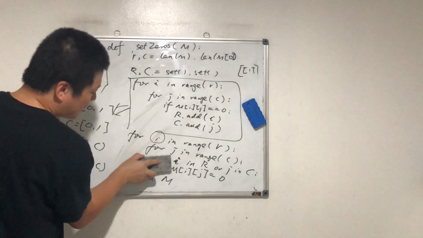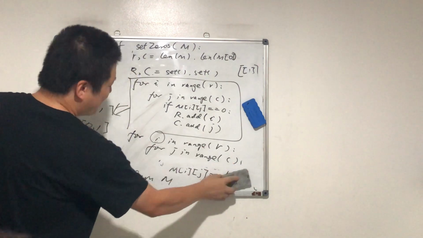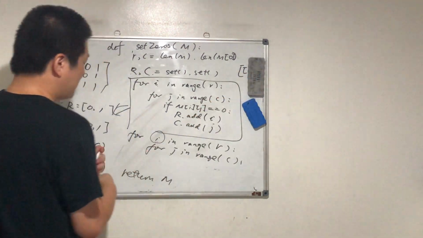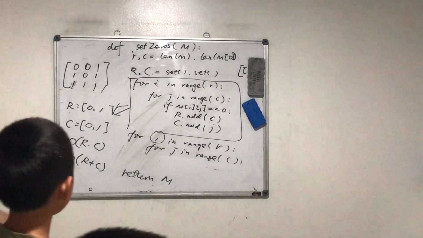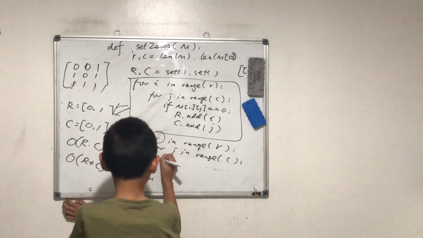Okay, I'm just going to erase this bit. Come on, write it. If this is the row, this is the column, and what?